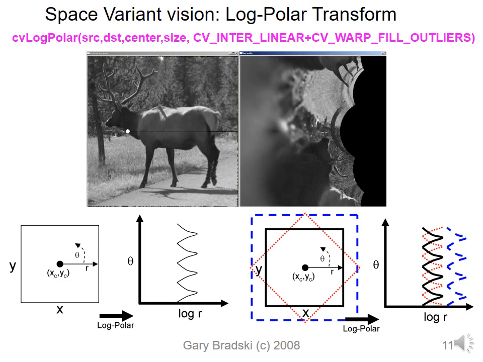Then this corner and this corner correspond to this and this. So this axis is angle, and this is log r.